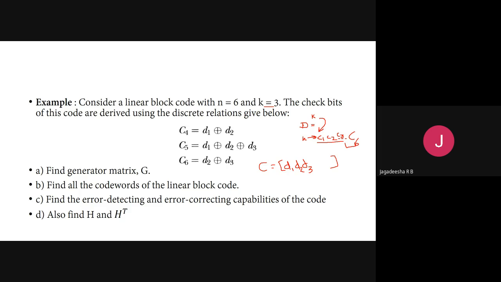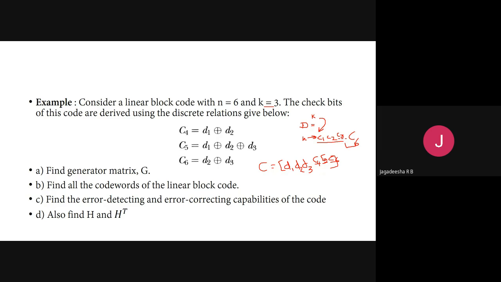Here nothing is given. So you have to generate C4, 5, 6 using D1, D2, D3.